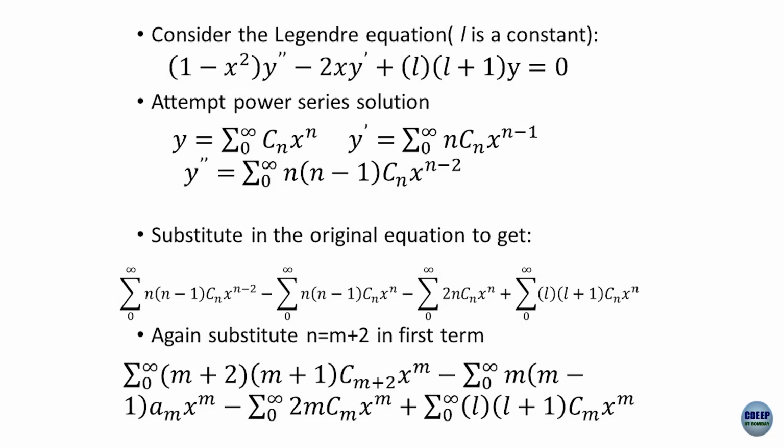Now what you see is that everybody is going from 0 to infinity, 0 to infinity, 0 to infinity. How did I get this 0 to infinity? When I put this n minus 2, that's the only thing I'll point out here.